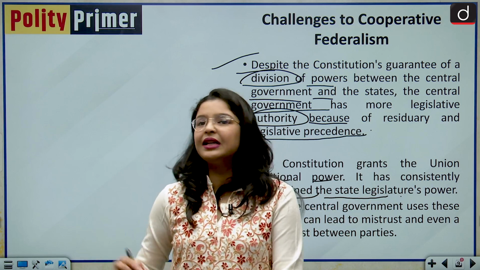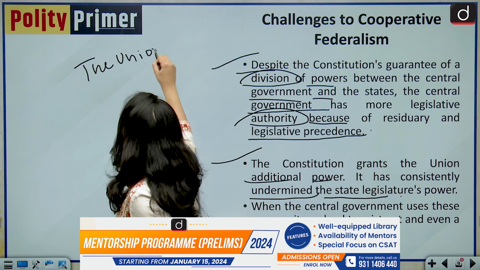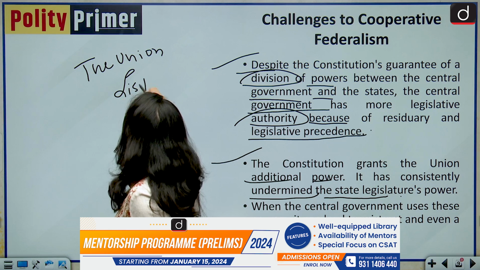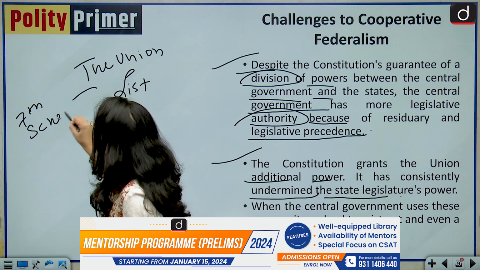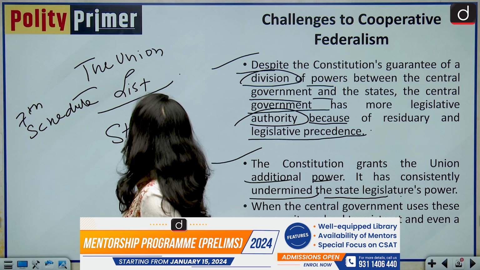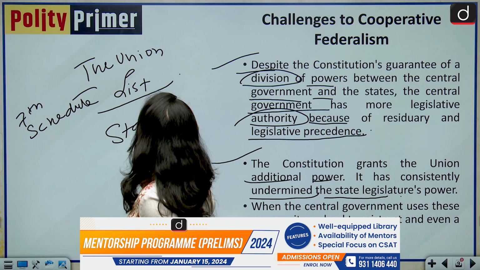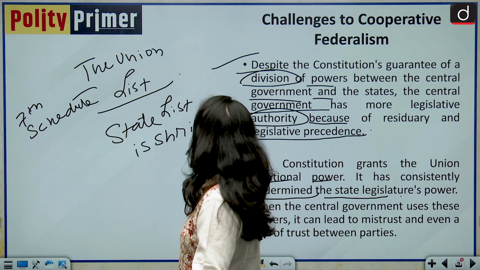In fact, if you will see, the Union list in Schedule 7 is expanding, and the state list is somewhat shrinking.